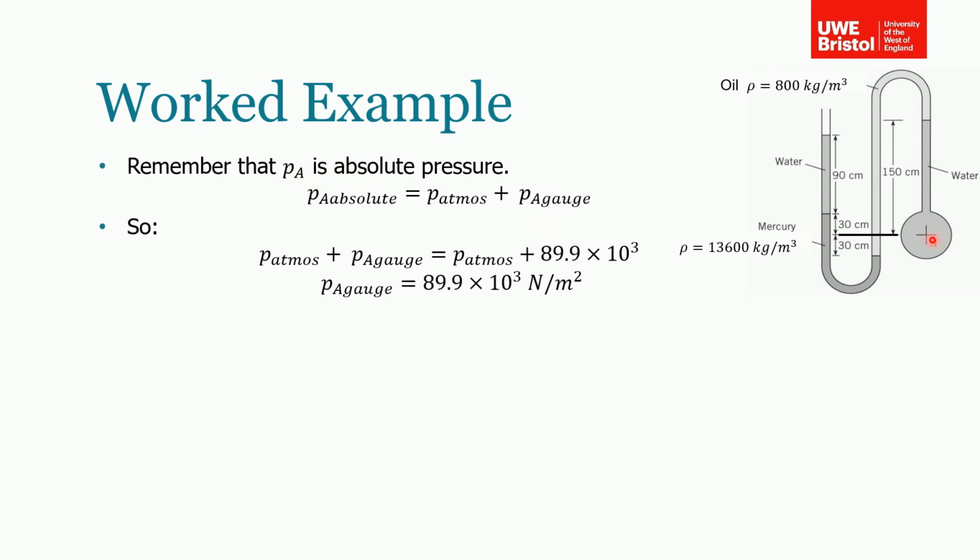So that's the absolute pressure there, because we've included atmospheric pressure, but if you remember, absolute pressure is equal to the gauge pressure plus the atmospheric pressure, and we already had the atmospheric pressure in our previous terms, so they cancel out. So therefore, the gauge pressure at A is the sum of the two numbers, which gives you around 90 kilonewtons per metre squared, or 90,000 pascals.